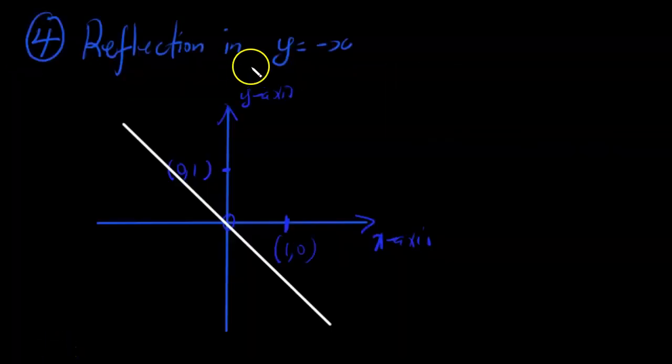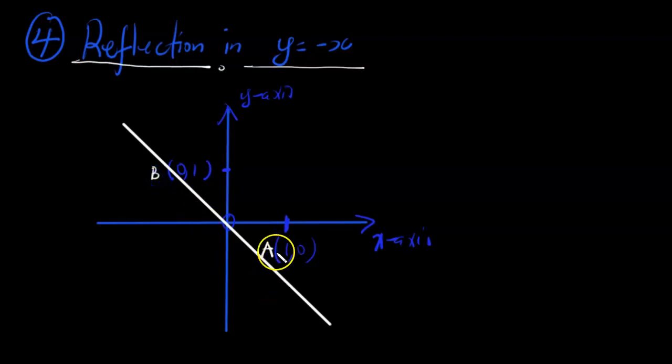Let us generate our last matrix, the matrix of reflection in the line y equals negative x. As we said, we consider the 2 points 1, 0 and 0, 1. We are calling this one A and this one B. Now we are reflecting A in the line y equals negative x. So we have this as our mirror now.